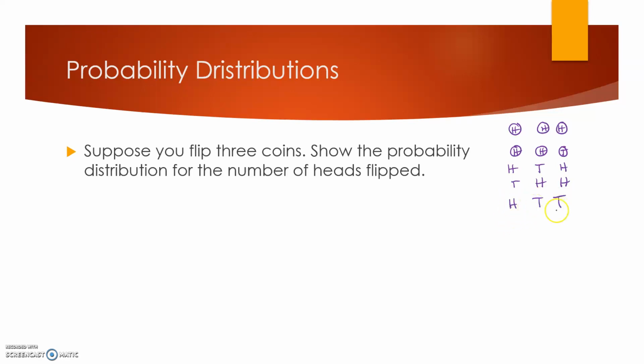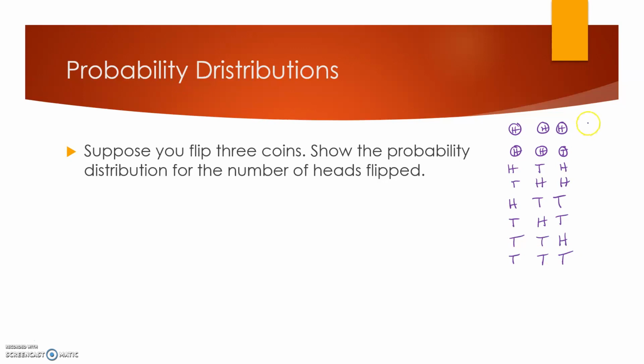Well, it could vary which order they go in. The order does matter of which coin is being flipped. So I could have something like this, tails, heads, tails, or I could have tails, tails, heads. And my last possible combination is that they could just come up all tails.